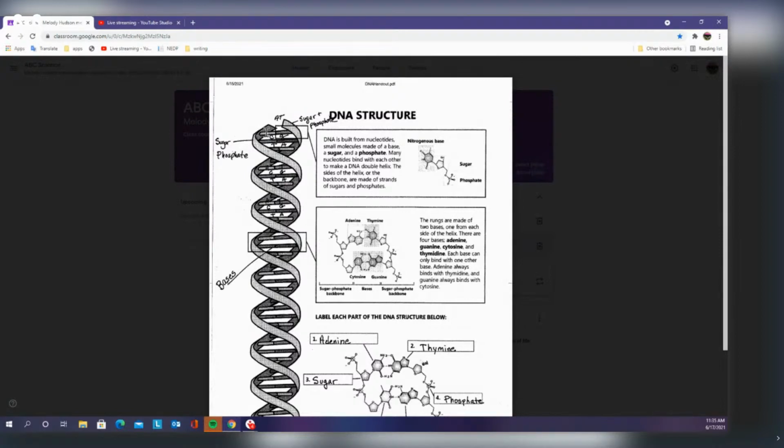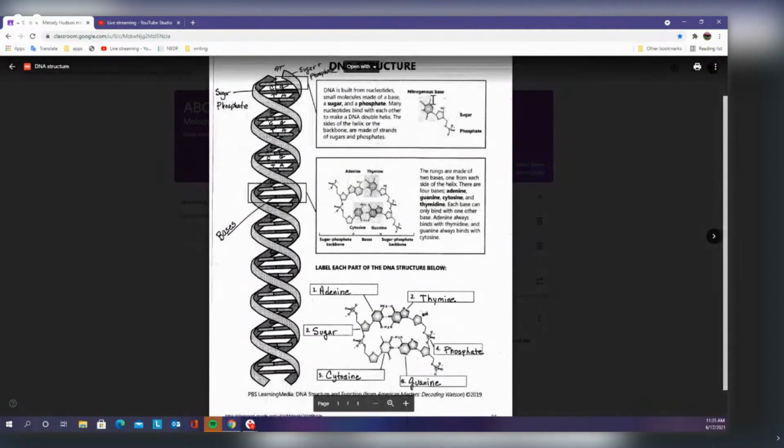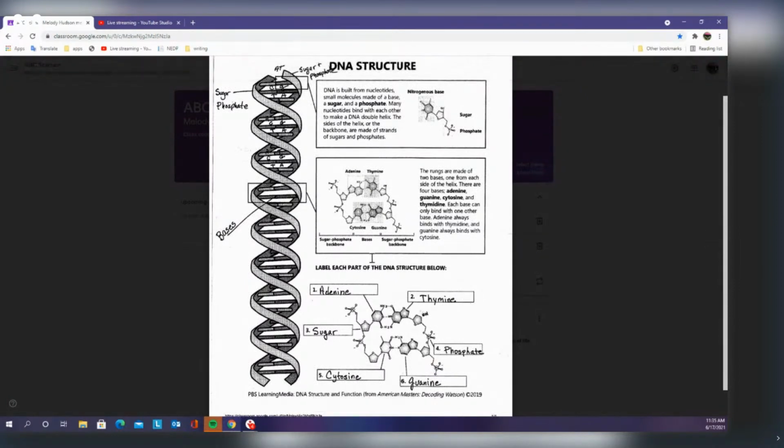We have cytosine, guanine. Then we have thymine first, then adenine, and then adenine, and then thymine, and then we always have the cytosine and guanine in the same order, okay? So this is what that chain looks like on the outside. And then we have our bases. So if we look, what does adenine look like?